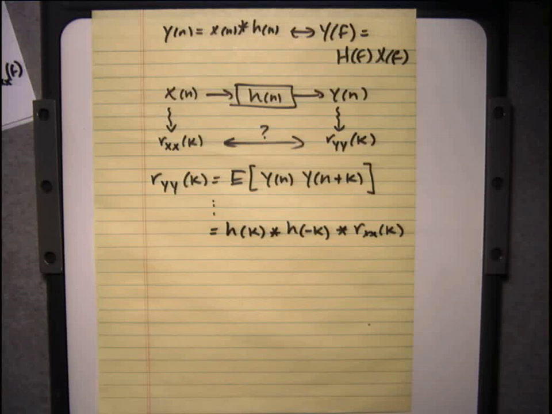The impulse response gets convolved with Rxx. But here's the tricky thing. Because this guy has to be symmetric, you cannot expect Ryy to just be the impulse response convolved with Rxx, because h is not necessarily symmetric, and therefore this other term shows up here to make sure everything is symmetric.